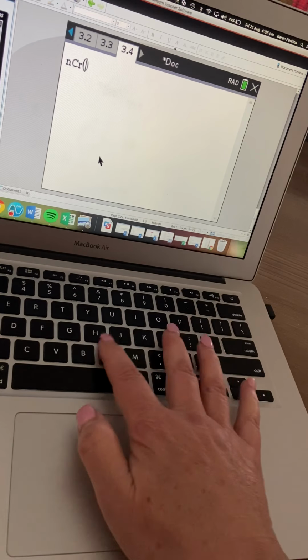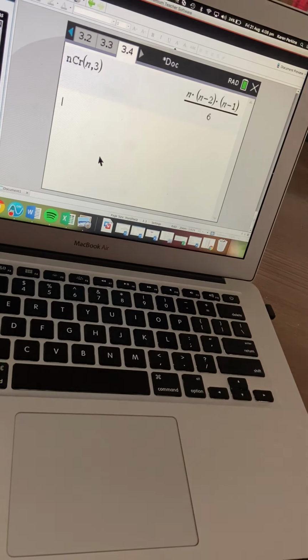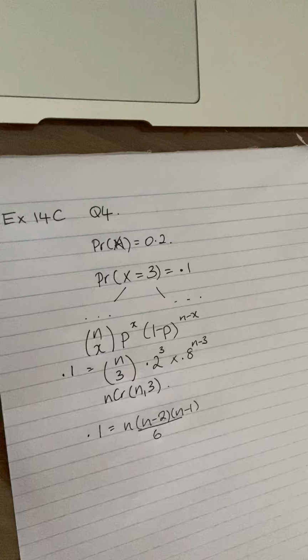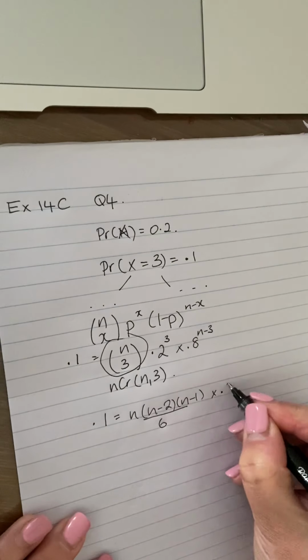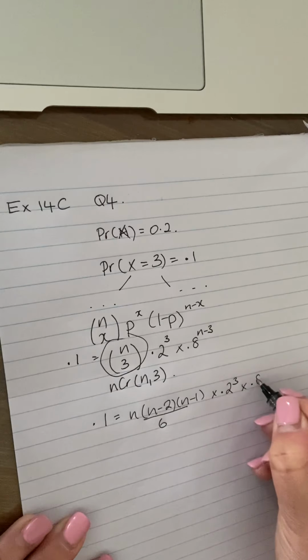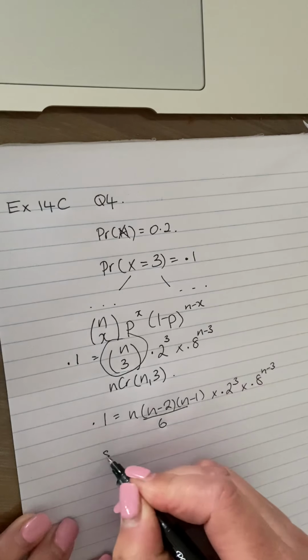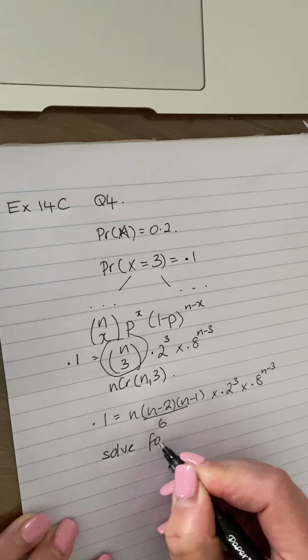NCR, I'm going to do n comma 3. All right, so we get 0.1 equals n minus 2, n minus 1 on 6, like that. So that's my n choose 3 times 0.2 to the 3 times 0.8 to the n minus 3. And then I'm going to solve that for n.